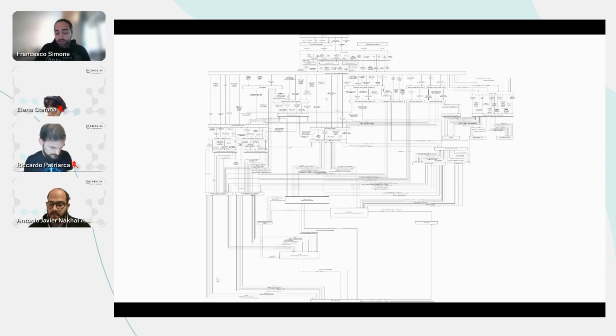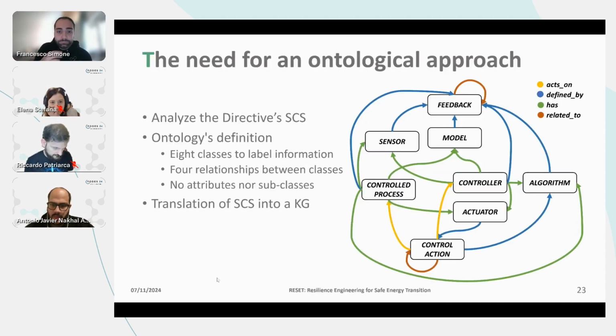Another aspect to be considered is that this control structure is just a picture of the system at a given time, and things could change. Even more agents could be involved in the management of safety in the process. Some control actions may change as the directives and the laws change in time. Next slide, please.